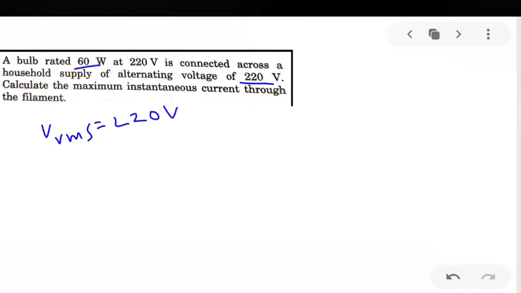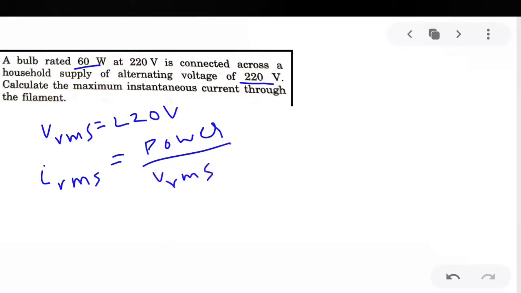So IRMS is equal to power divided by Vrms. See, this is a circuit with purely resistance, no inductance, no capacitance. So we have already seen that average power is equal to Vrms IRMS cos phi.